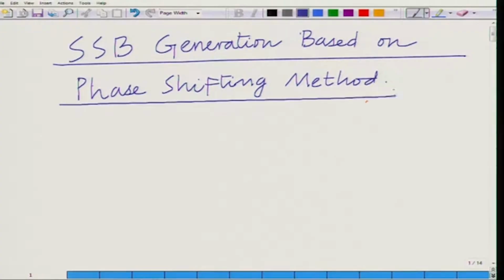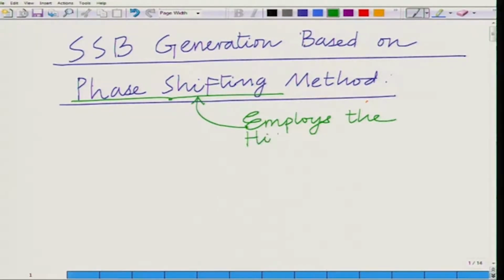And as we have already said, the phase shifting method employs the Hilbert transform.